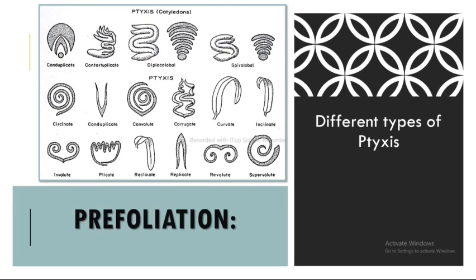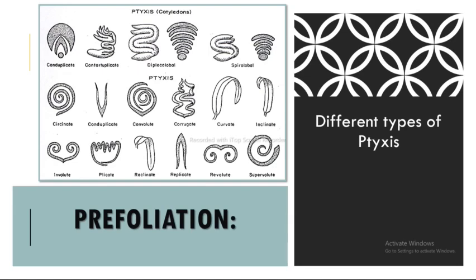This is also known as curvative or arcuate condition of the ptyxis. Next type is the inclinate. In the inclinate condition, the lamina is folded or curved transversely near the apex.